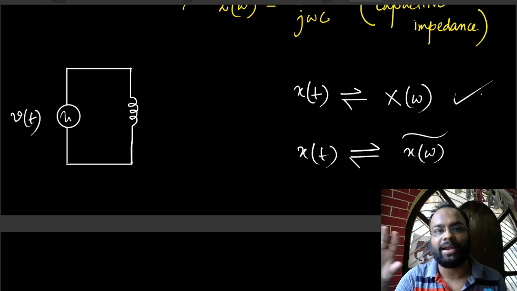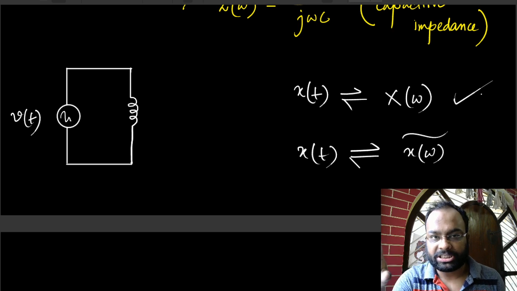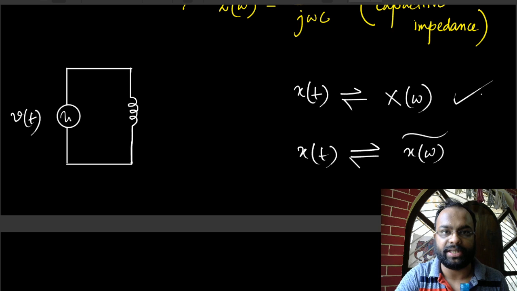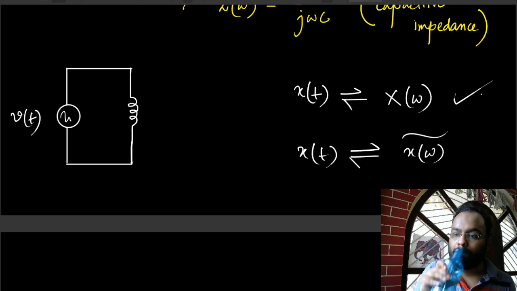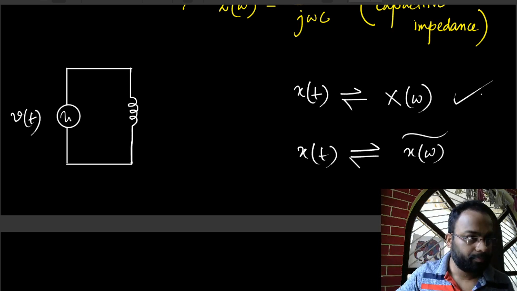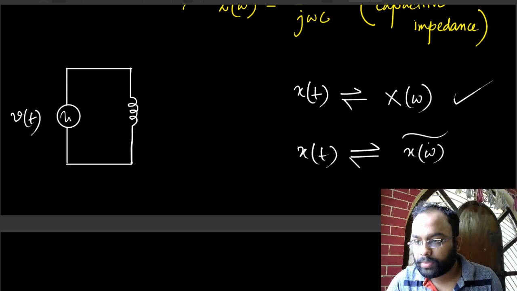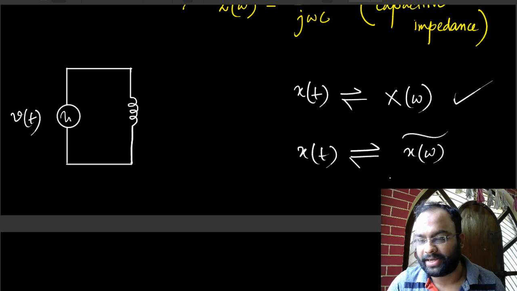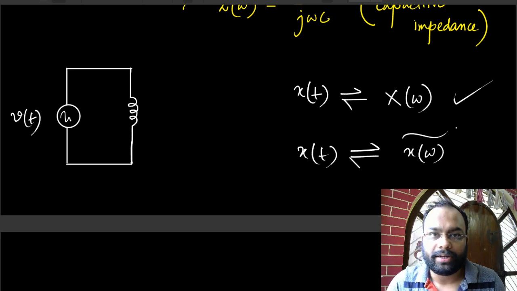So we use capital letters to represent functions in the frequency domain. This omega is frequency, right? And this is an uppercase letter, a capital letter. Capitalist society. And this is a tilde symbol.